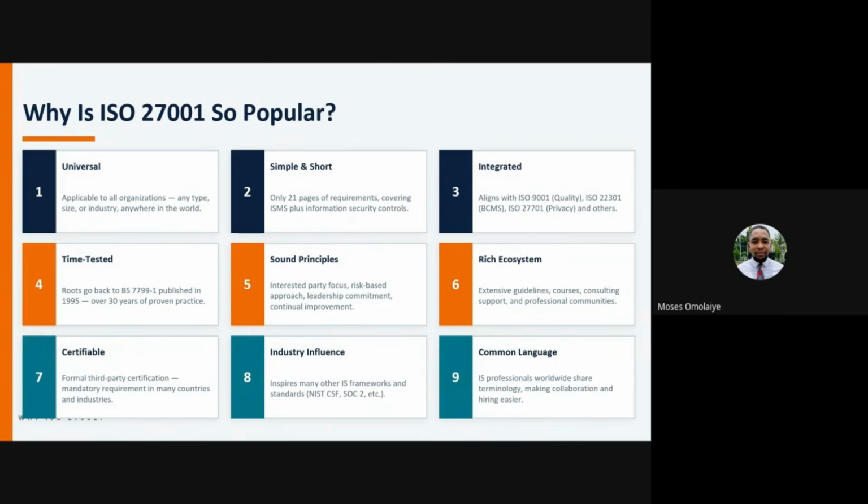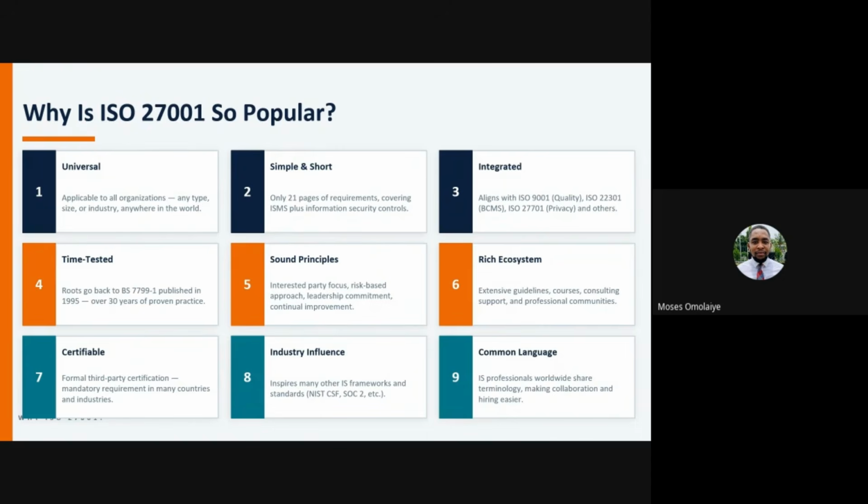It dates as far back as 1995, even before it was called the ISO 27001. It was called 7799-1. And then it has sound principles. The principles around the ISO 27001 are sound. Things like leadership commitment, continual improvement. It has a risk-based approach too.